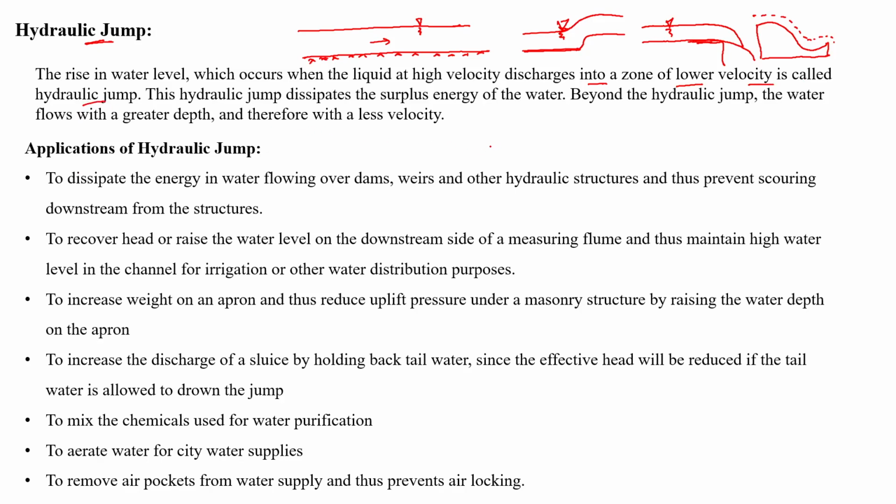So in the hydraulic jump, what typically happens is this. Assume this is the channel bed. You install a sluice gate here, and this is the upstream side and this is the downstream side.